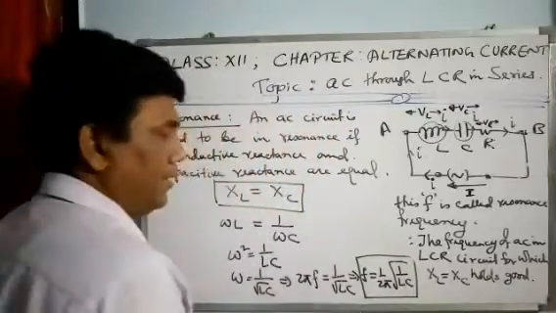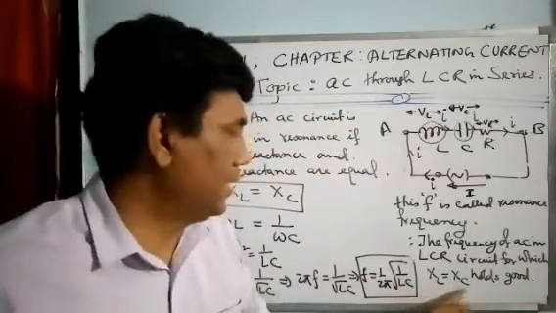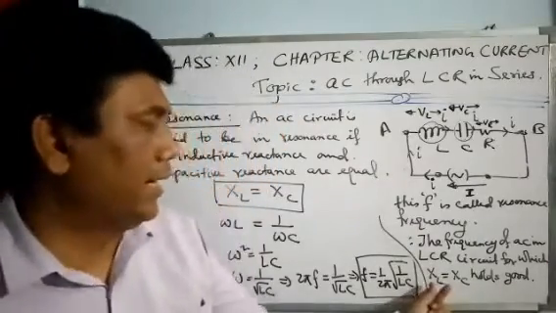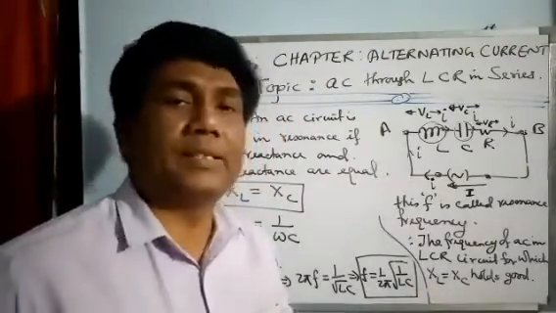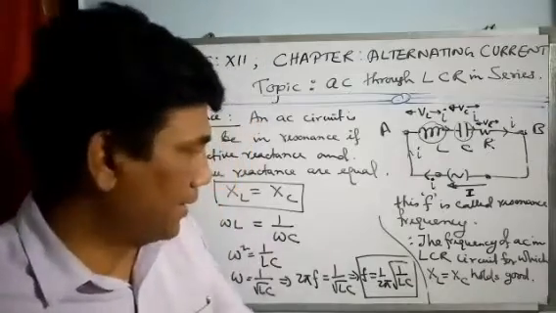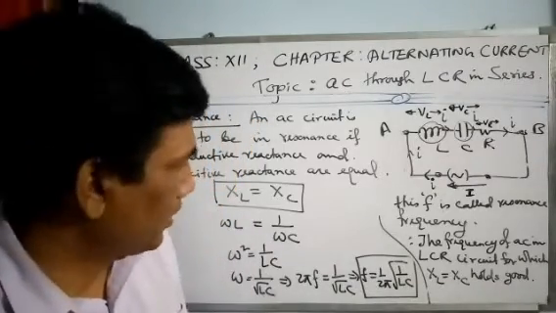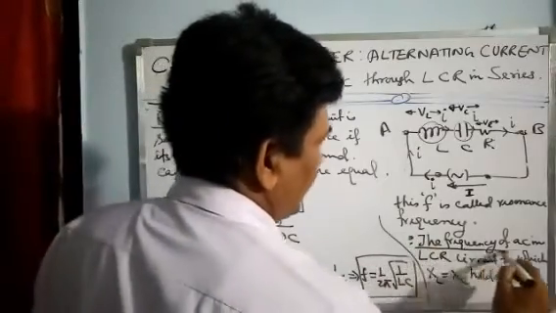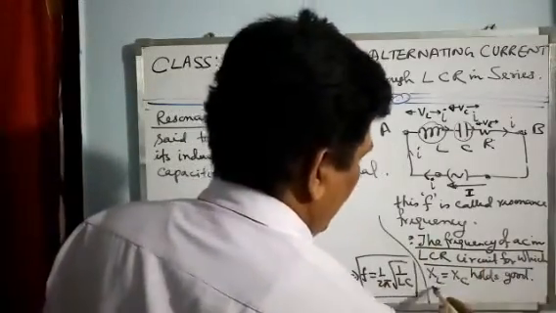Okay, if you want to write, you can write inductive reactance equal to capacitive reactance. You can write that also in sentence form. This is the definition of resonance frequency.